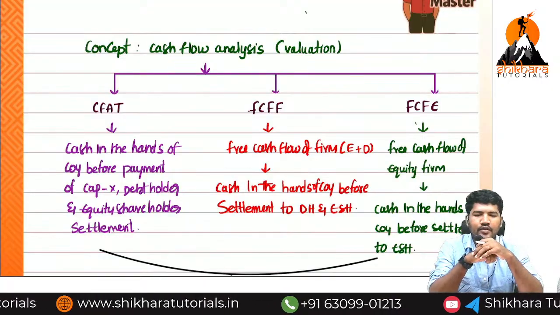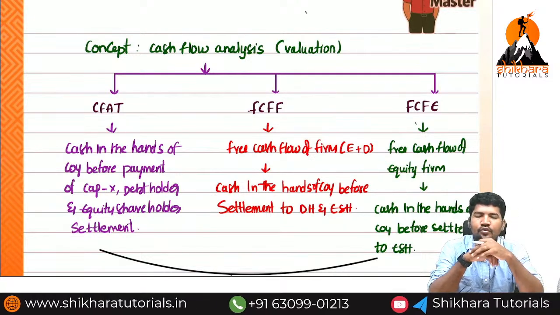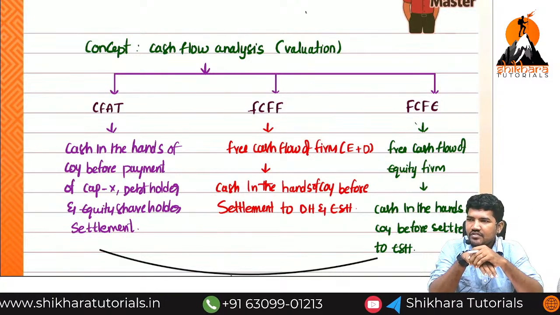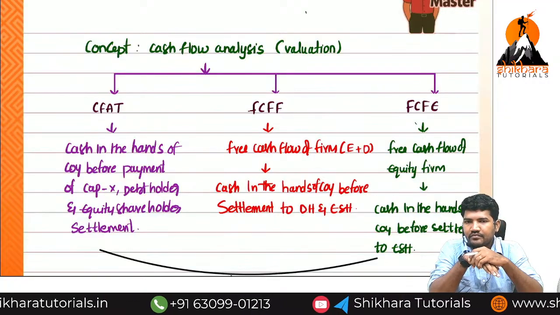So why do I use E plus D and equity firm? If you're doing a valuation based on cash of a levered firm, you have to use FCFF. Are you clear?